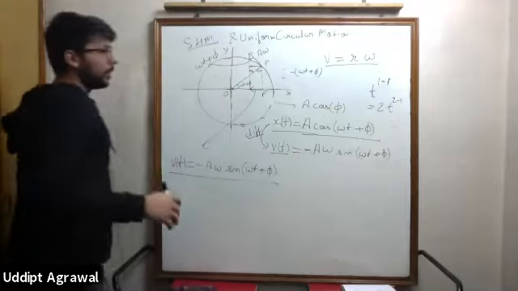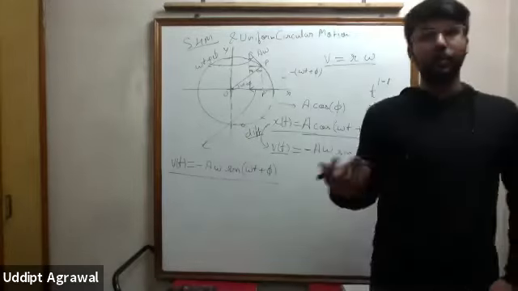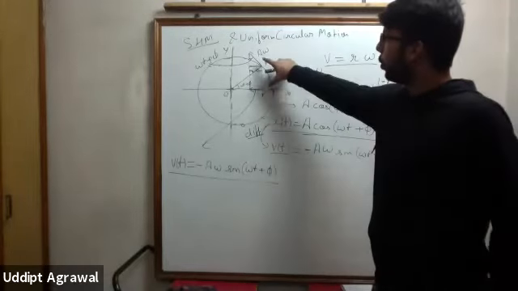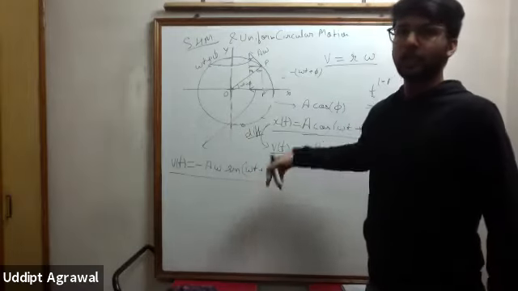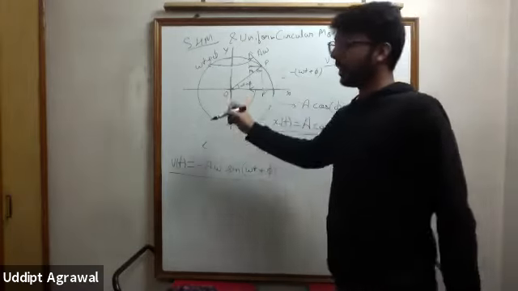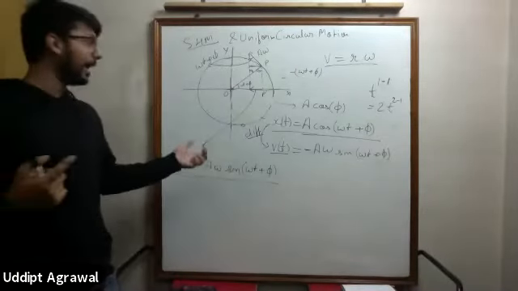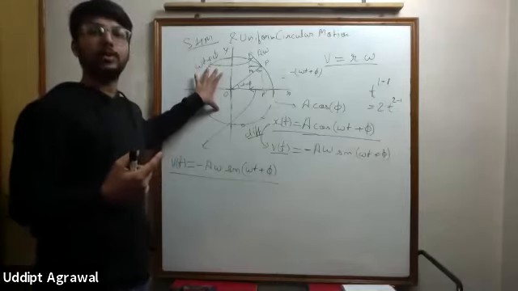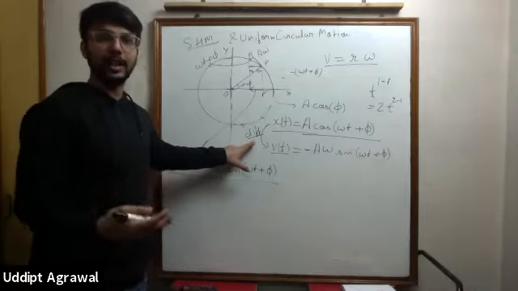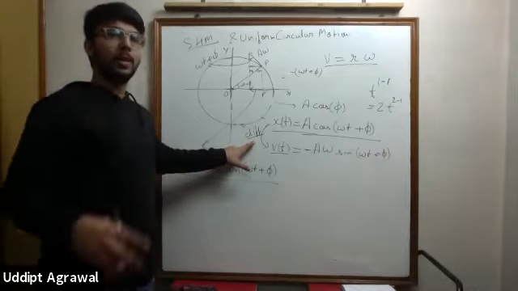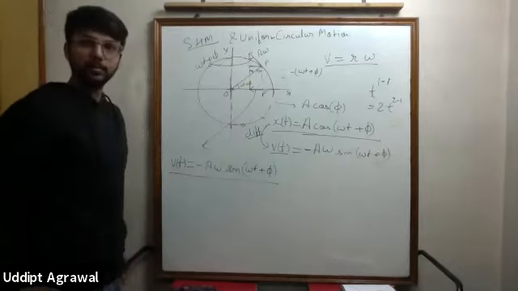So again, remember, differentiation is the easier aspect, obviously, if you know differentiation, but the whole idea of this derivation is to make you understand that there is a similarity between uniform circular motion and SHM, and you can use this derivation to your advantage. That means if you ever forget differentiation, or maybe 10 years later this comes in handy and you don't know it, you can derive it from here.